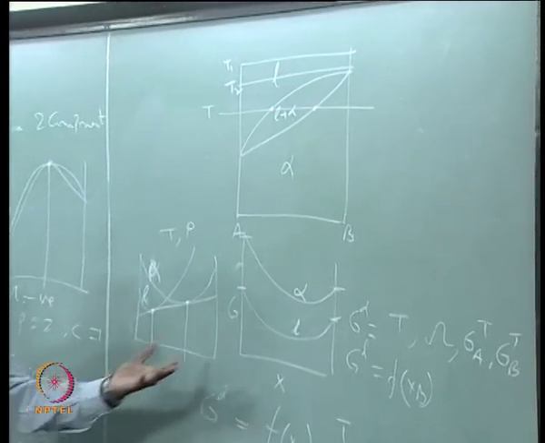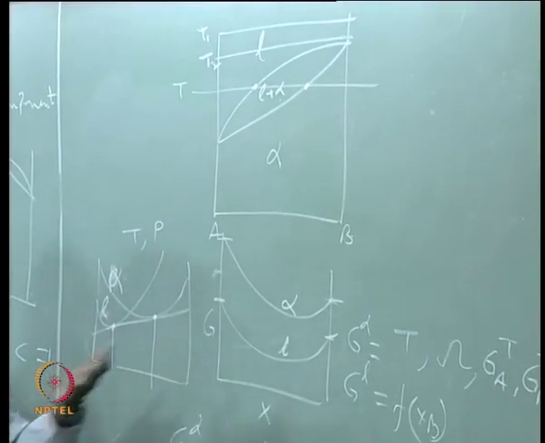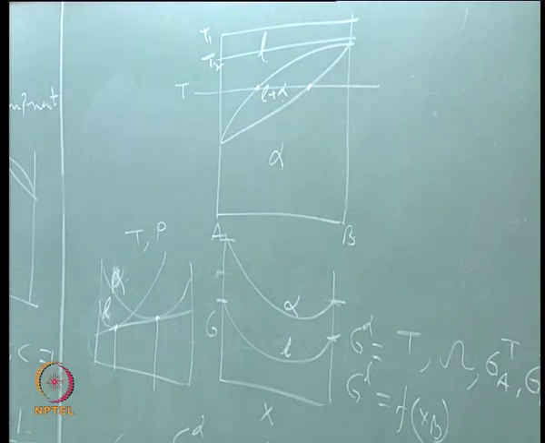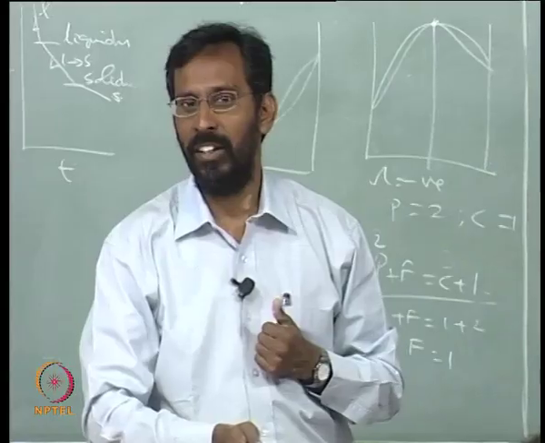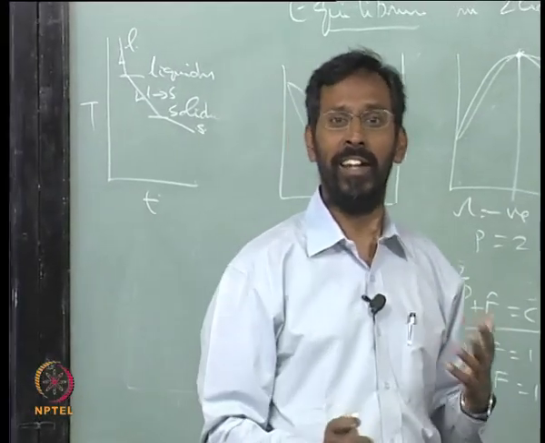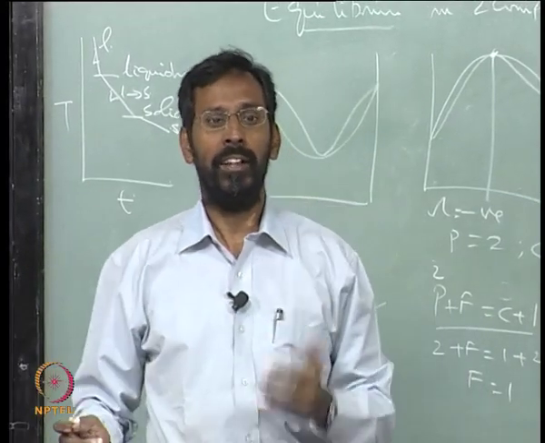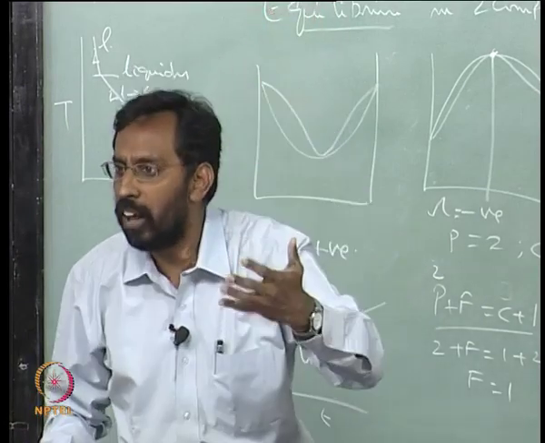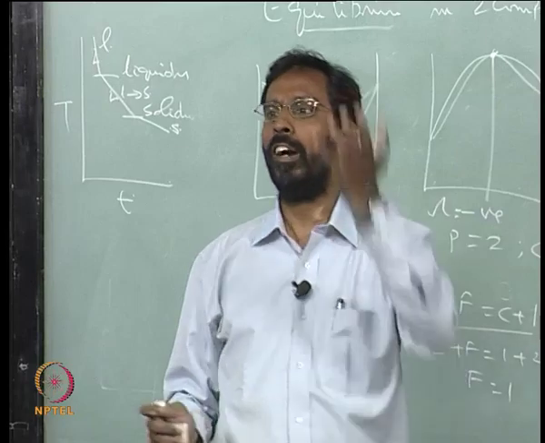So, the free energy of the liquid and free energy of alpha, both of them will increase. The only question is, what is the rate at which they increase? Because liquid has a higher entropy, the rate at which the liquid curve will go up is going to be faster than the rate at which the alpha curve is going to go up.